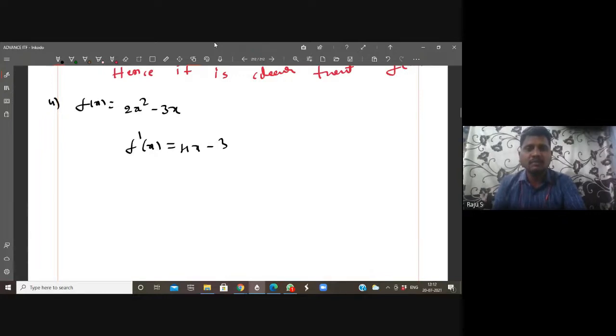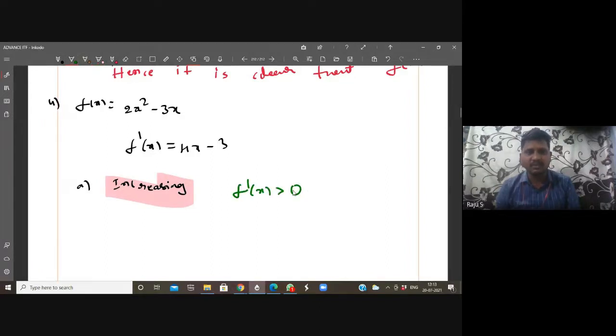Am I right? The first subdivision is increasing. Whenever it is increasing, we can take f dash of x greater than or equal to 0.